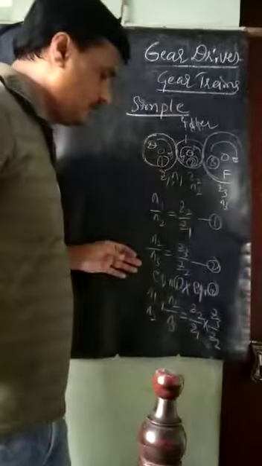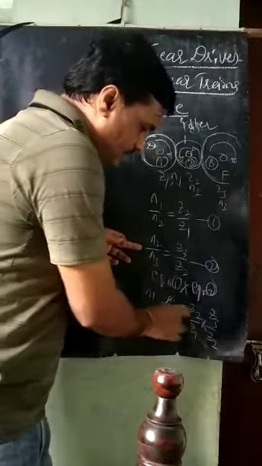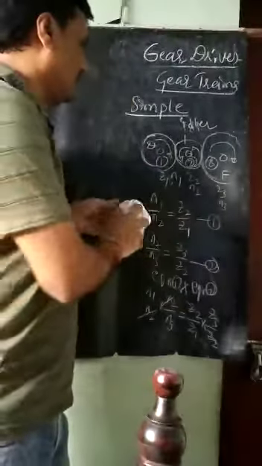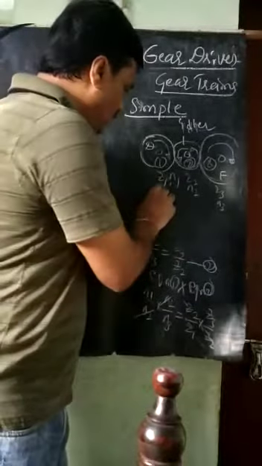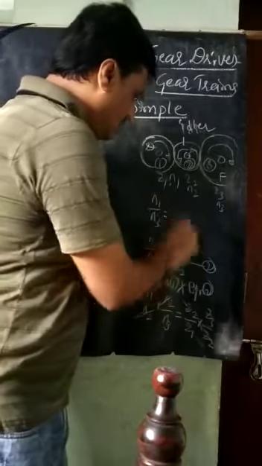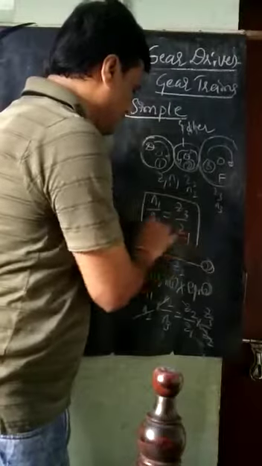In this equation, N2 will get cancelled, and Z2 will get cancelled. So at the end, what we are getting is N1 divided by N3 is equal to Z3 divided by Z1.